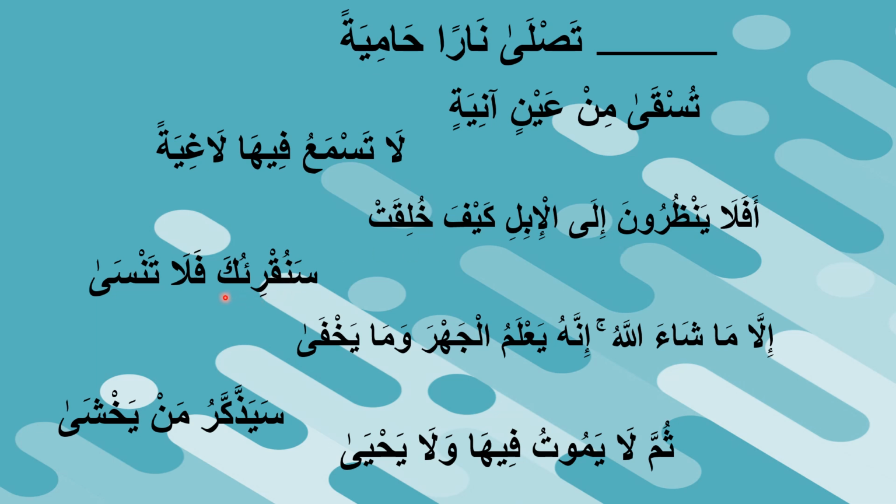سنقرئك. I have taken this example just to show you the letter seen has been added here to make it into future tense. This is from Juz 30, an example from the Quran. Sanuqri'uka. The seen is the harf mustaqbal, you will call the seen harf mustaqbal, and this noon is from the anaitu, harf mudare.